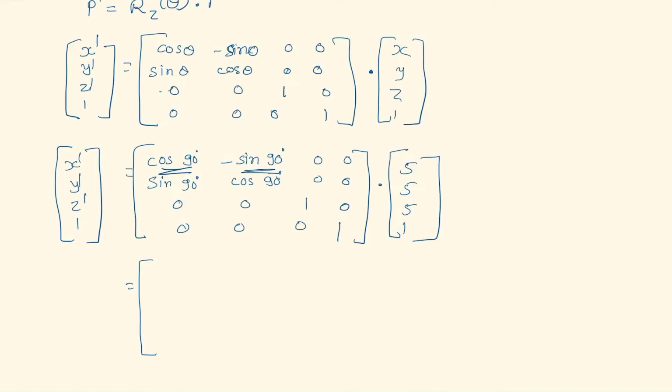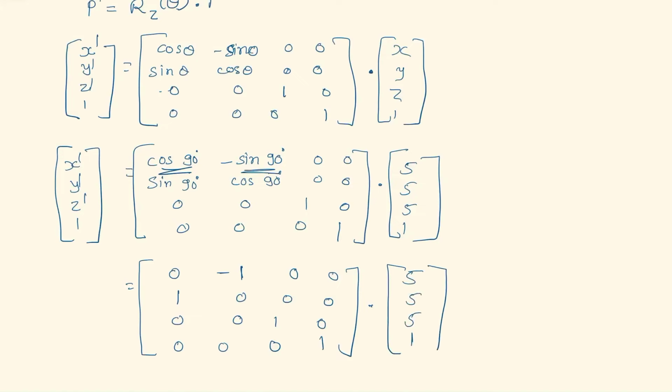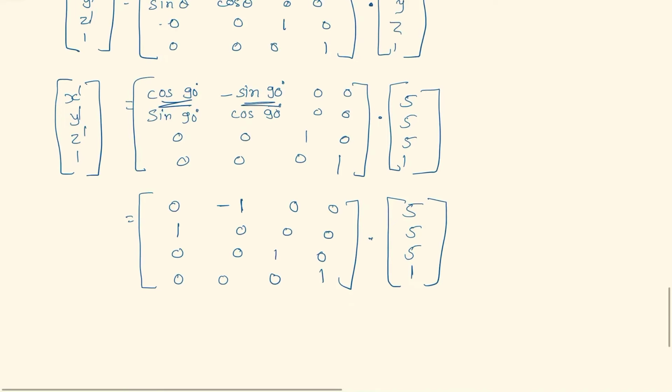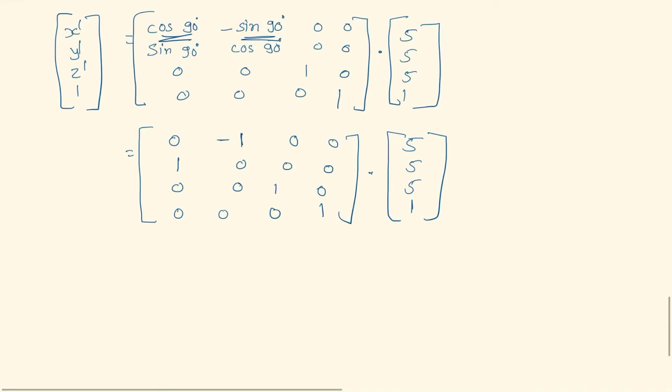So the value of cos 90 is 0, minus sin 90 is minus 1, 0 0, 1 0 0 0, 0 0 1 0, 0 0 0 1, into 5 5 5 and 1.